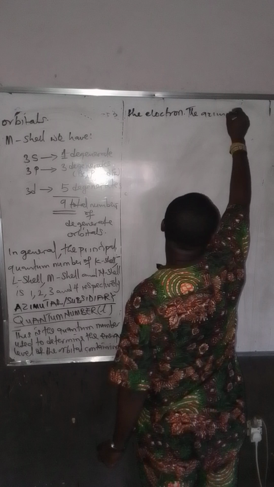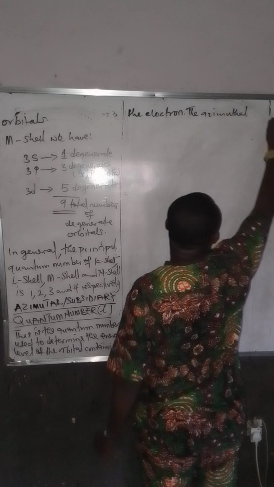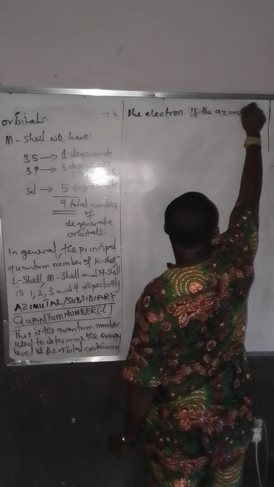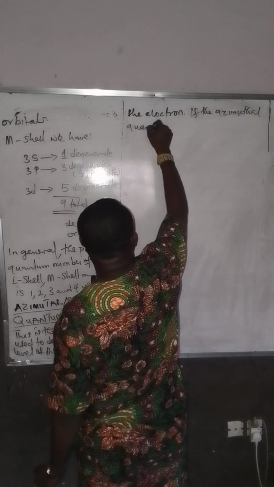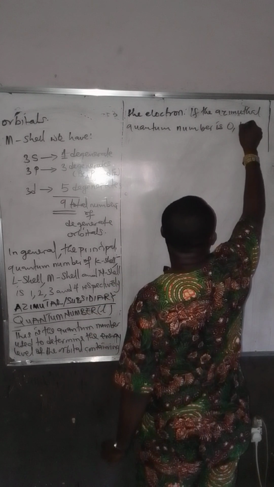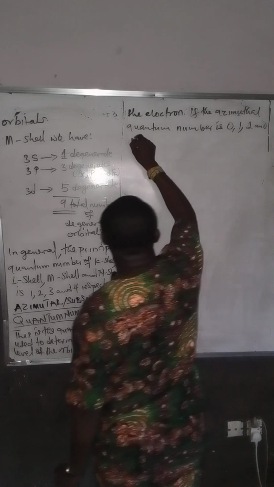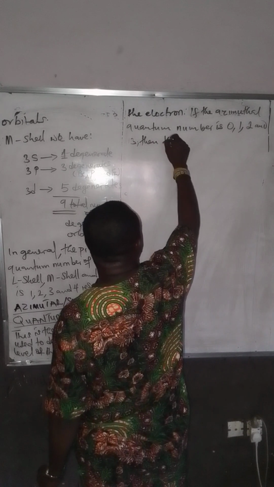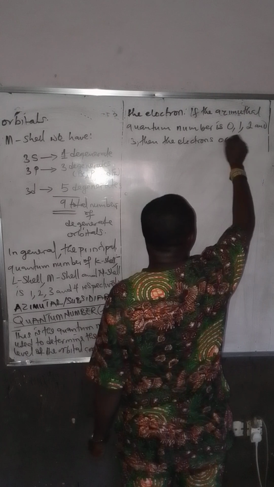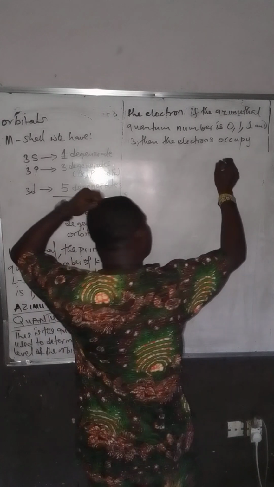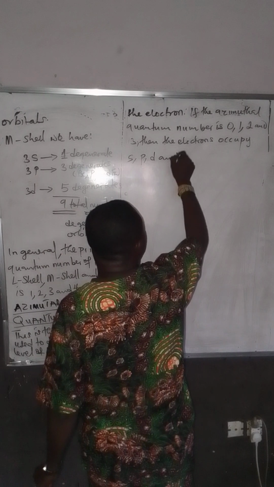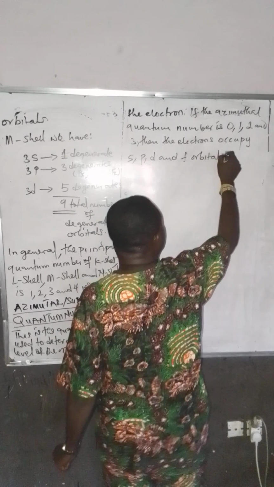If the azimuthal quantum number is 0, 1, 2, and 3, then the electrons occupy S, P, D, and F orbitals respectively.